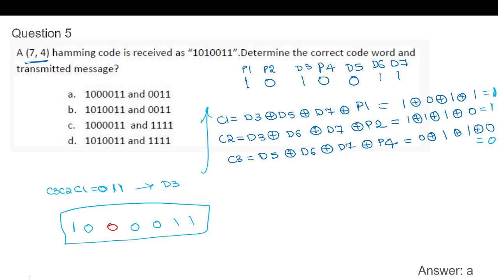And the error is in 0, 0, 1, 1. Correct answer is option A. Before going to the other code types, any doubts in this Hamming code correction?